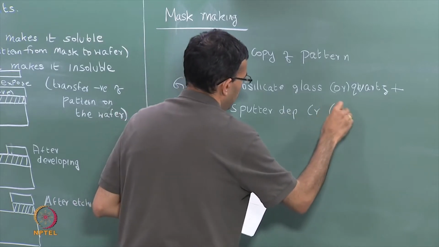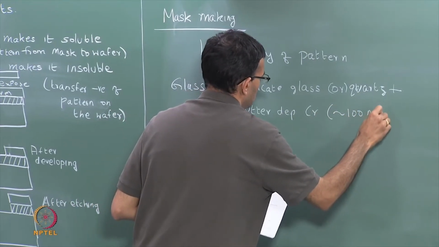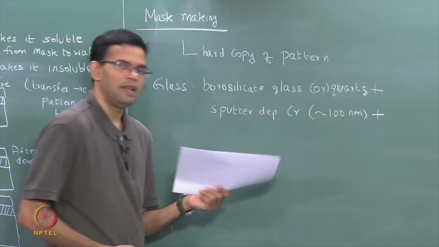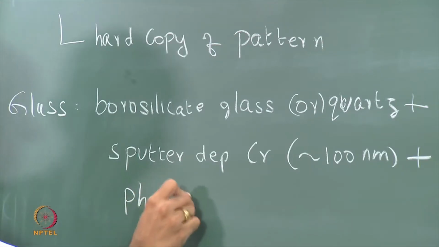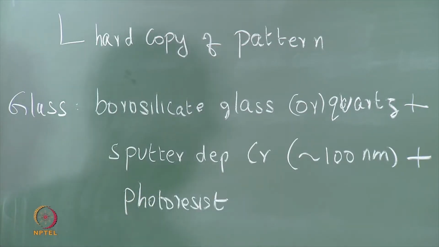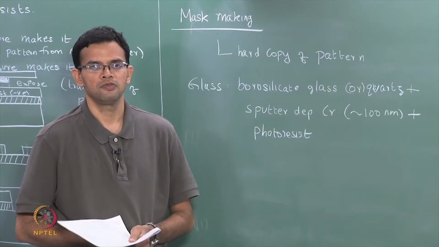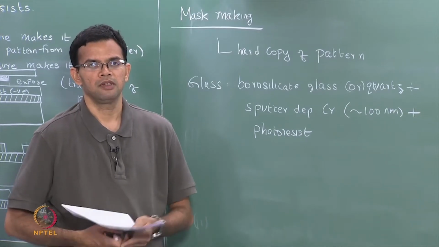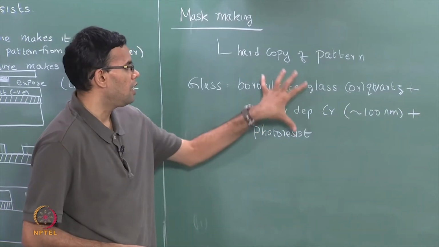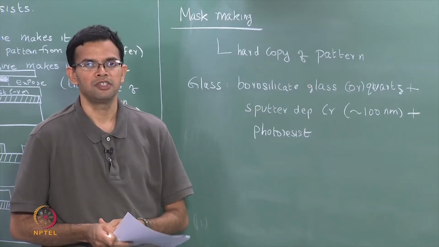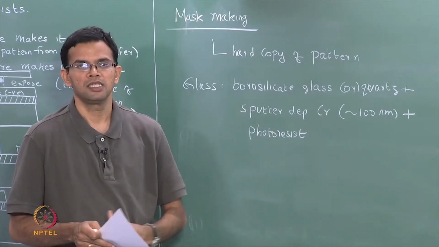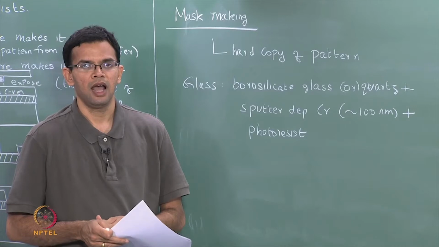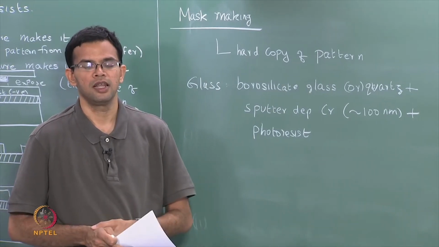This is typically 100 nanometers thick, and then a layer of photoresist is applied. So in some ways mask making is similar to the process we just saw when we are transferring the pattern onto the wafer. So these are usually supplied. For example, if you are trying to make your own mask, it's possible for you to buy this blank mask which is made of glass, having the chrome layer and the photoresist layer.